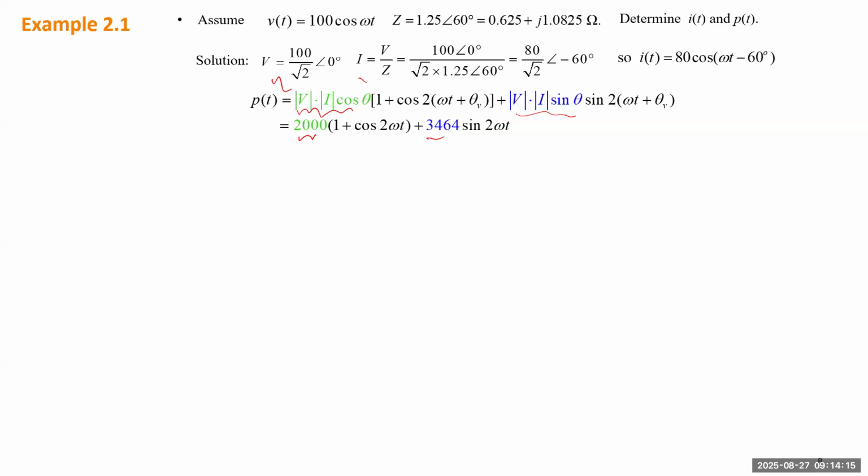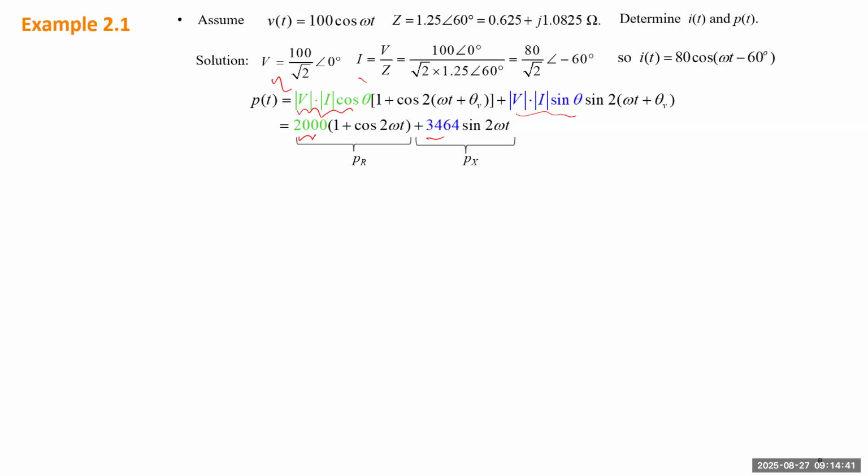Here there's a 2000, which tells the variation of the first item, and 3464 is the variation of the second item. We call the first one PR and the second one PX.